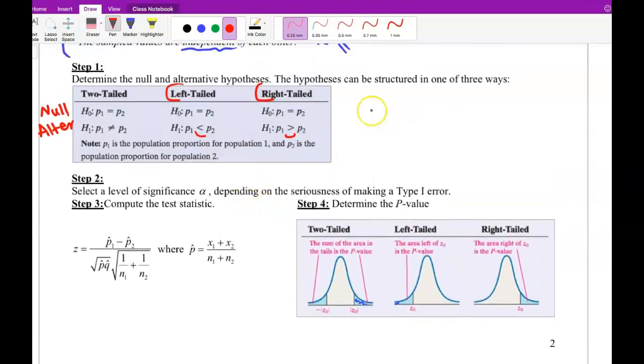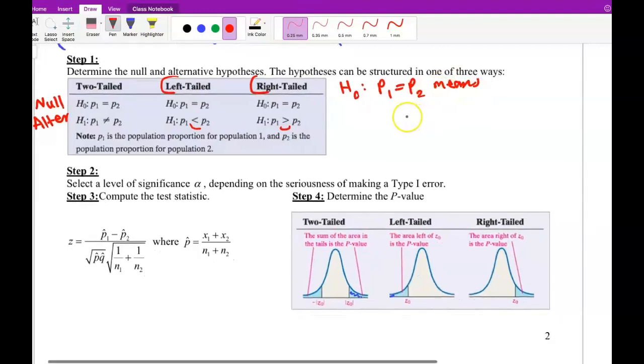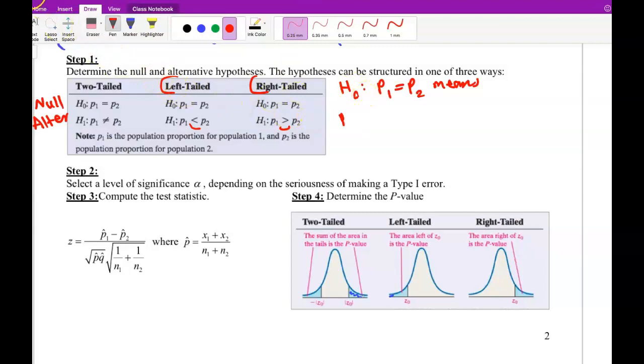And I'll add something here: for H0, what this means is P1 equal to P2. This also means P1 minus P2 is equal to 0.